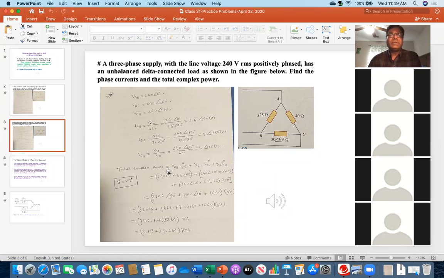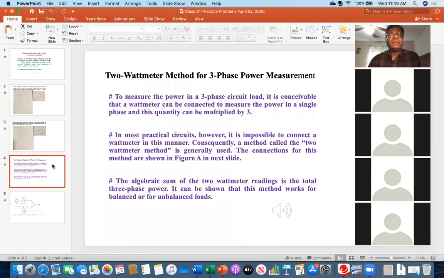Okay, so today I'll be discussing an important topic. You see here what I have written: 2 wattmeter method for three-phase power measurement. Meaning that we are using only 2 wattmeters to measure three-phase power. Why am I telling this?